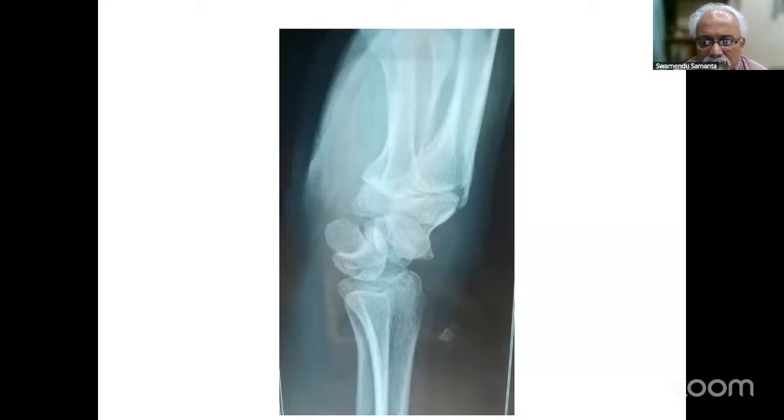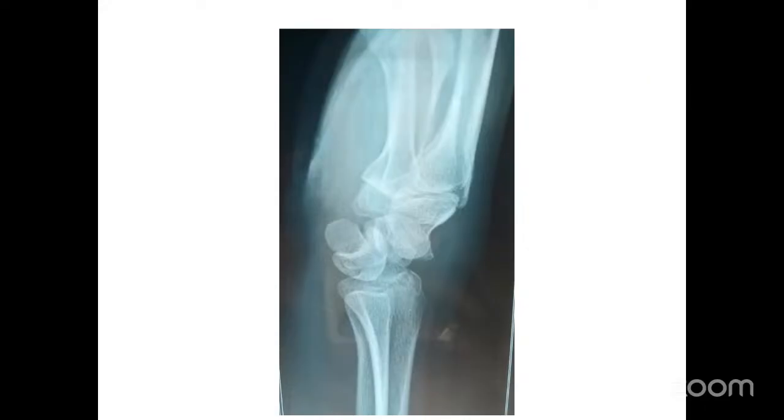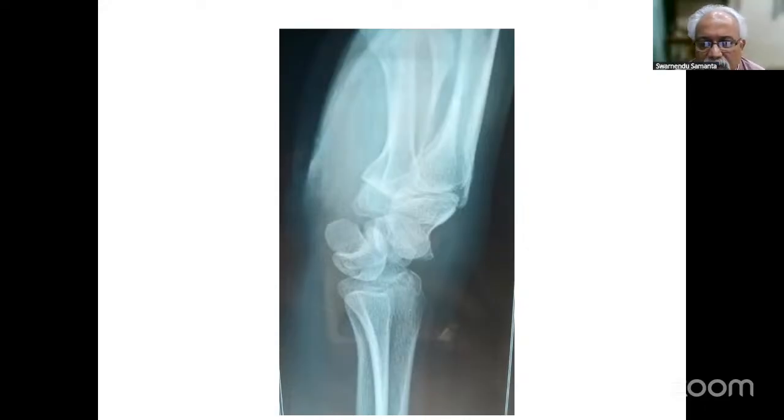What is the first thing we'll check? The median nerve injury is there or not? Yes, very good. Because you know that the carpal tunnel is there. So this is the first thing that you have to check, your median nerve. Then you check the vascularity and all this, and whether this is an emergency, yes or no.